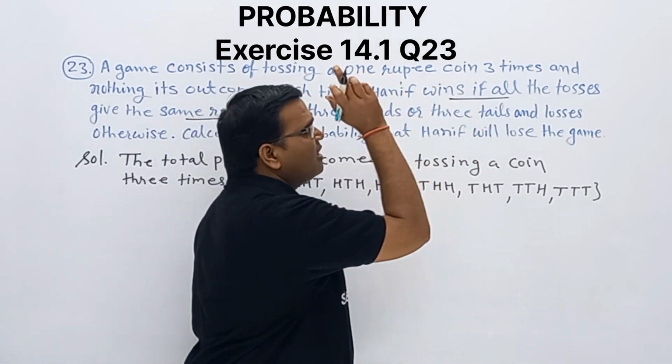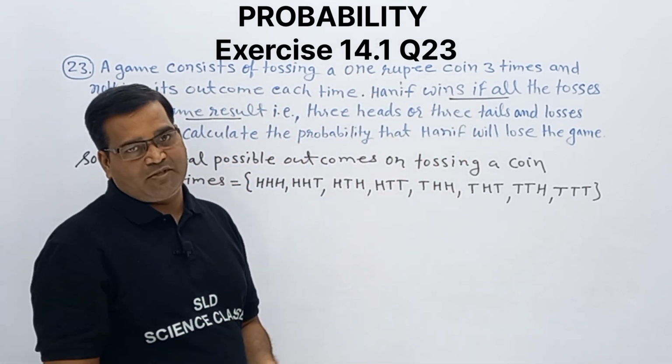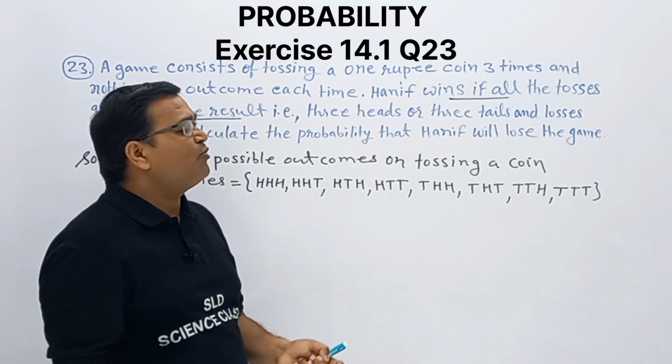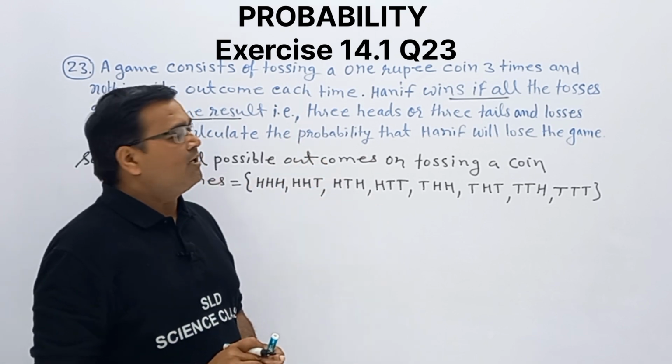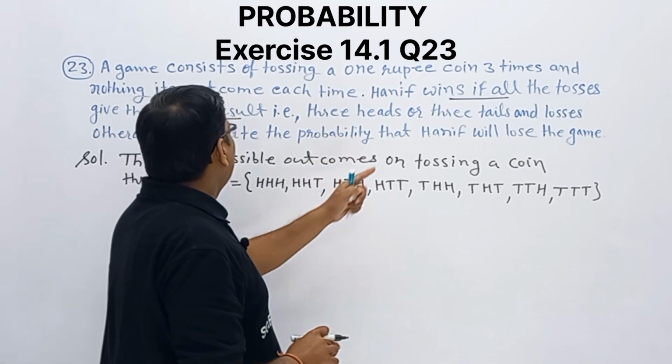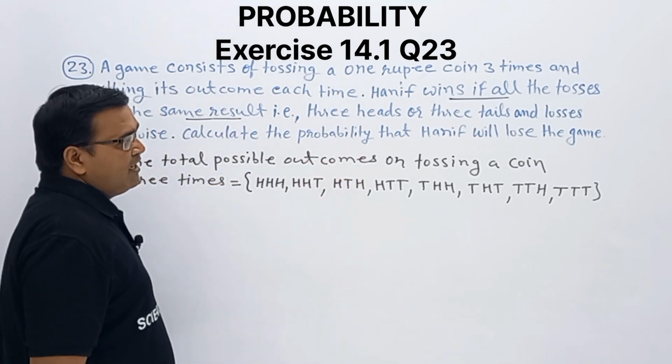Hanif wins if all 3 times you are getting head, head, head or tail, tail, tail. Clear? And loses otherwise. Clear?